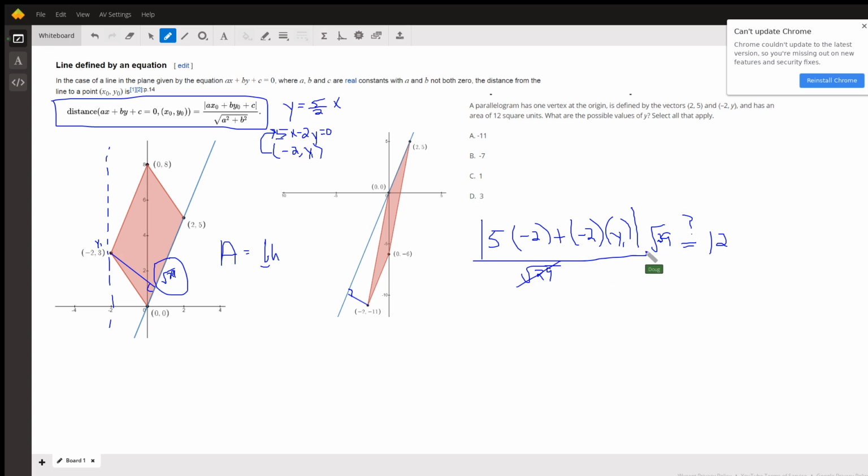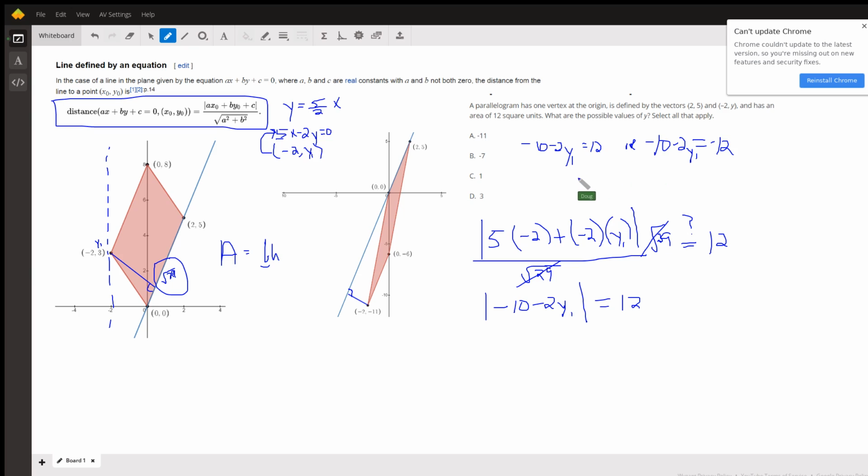Well, these cancel out, and I've now got the absolute value of -10 minus 2 y sub 1 has to equal 12. How do you solve that equation? Well, you say -10 minus 2 y sub 1 is equal to 12, or that expression inside the absolute value symbols could also equal -12. And you solve each of those.